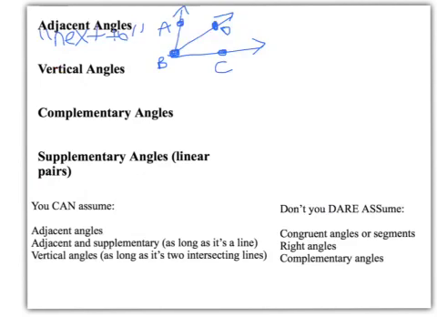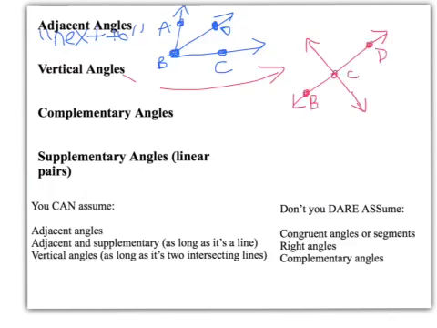Vertical angles, we'll draw over here. If you're given two intersecting lines, line BC, line AE, vertical angles share a vertex and are directly across from each other.